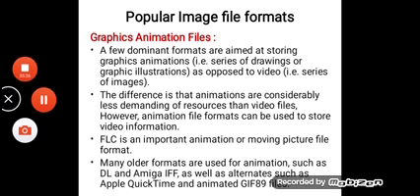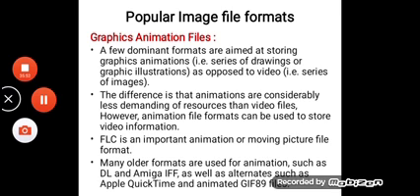The difference is that animations are considerably less demanding of resources than video files, because for video files we need to run behind the continuity of the video, and every portion of that particular image is equally important. However, for animation we do not have to depend on so many resources, so it's less demanding.